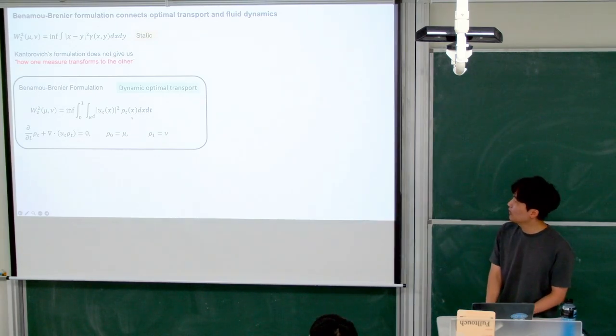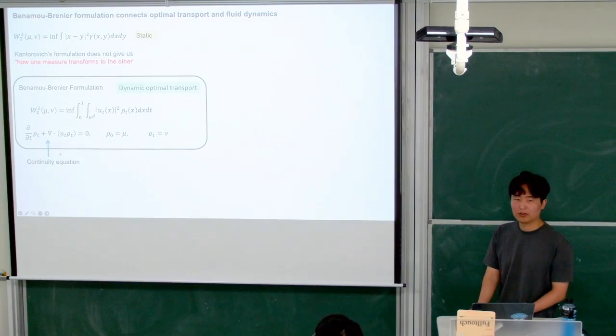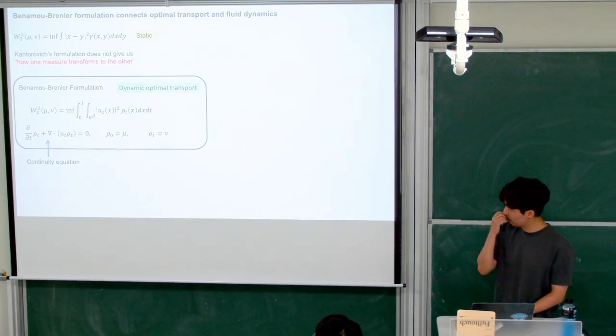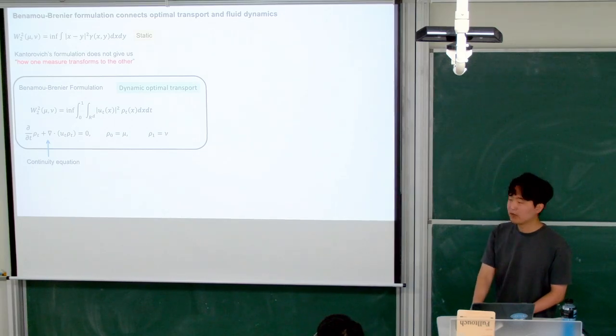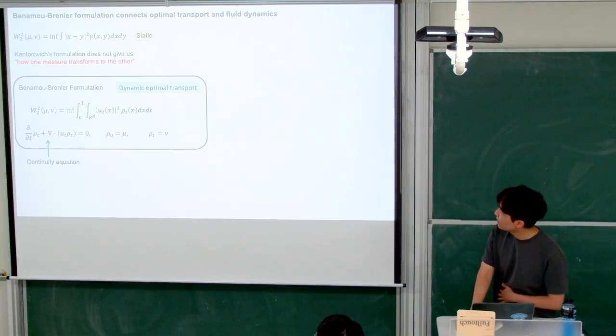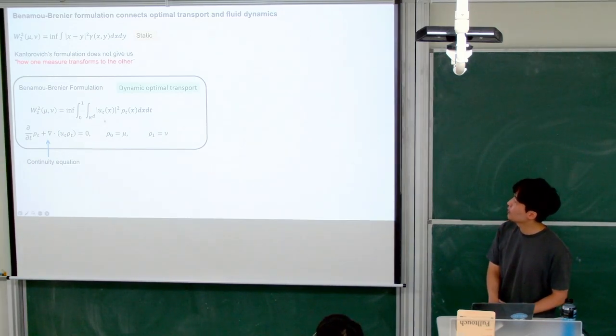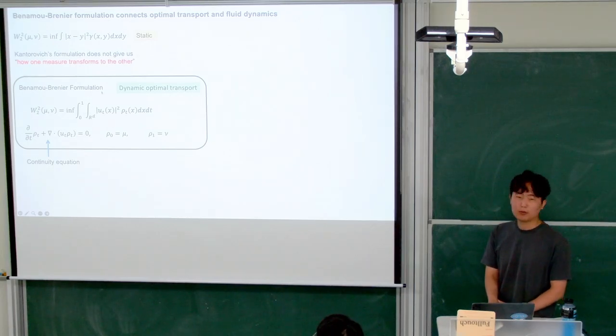Here, rho t satisfies the following equation, which is called the continuity equation. Maybe you heard this from Professor Eugene Cho's lecture or in other places. So the Wasserstein distance or the optimal transport problem can be formulated using a flow.